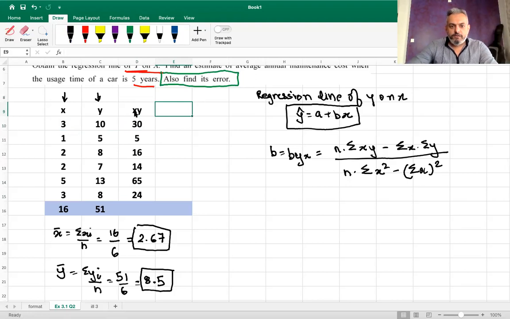Now, next column is X square. So X square, X ka square. So 9, 1 square, 4, 4, 25, and 9.